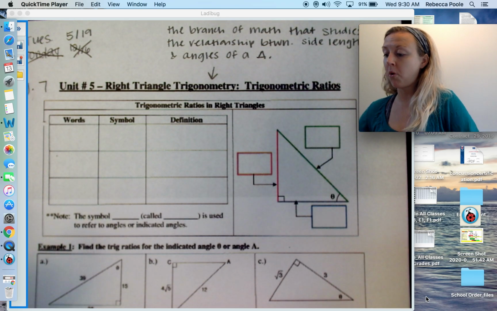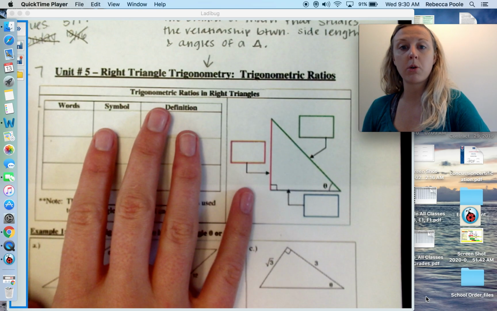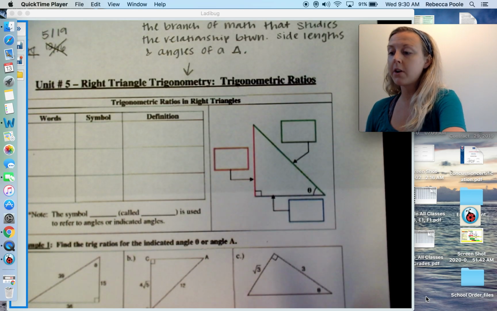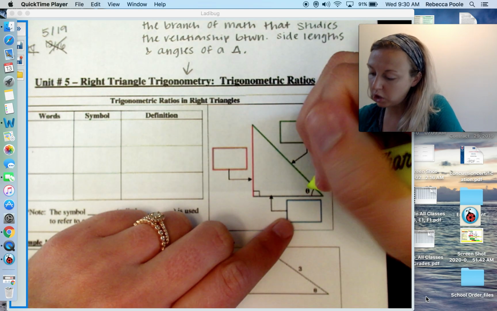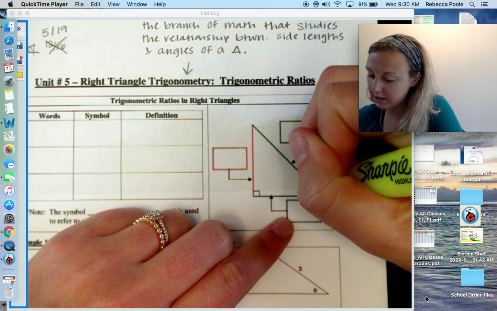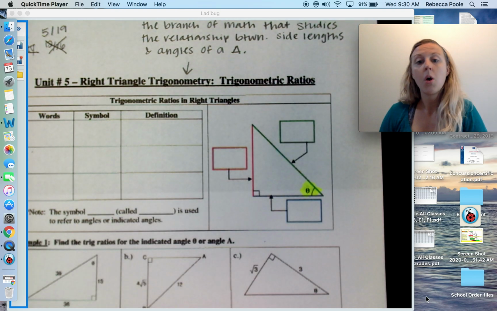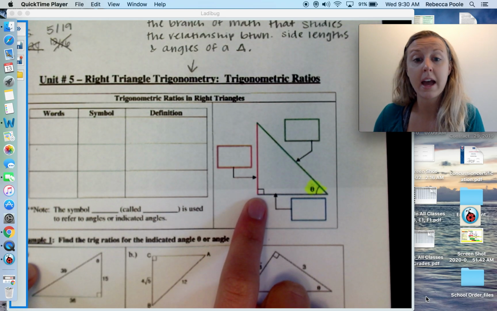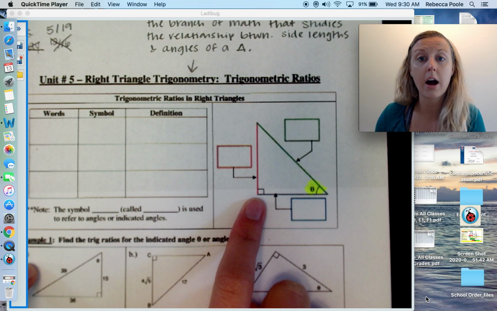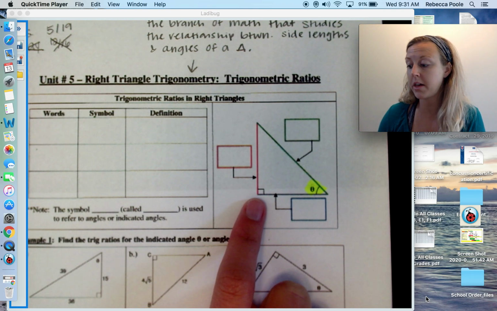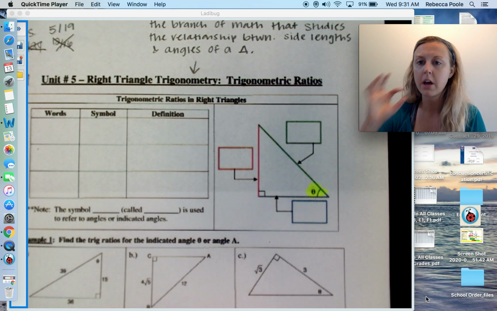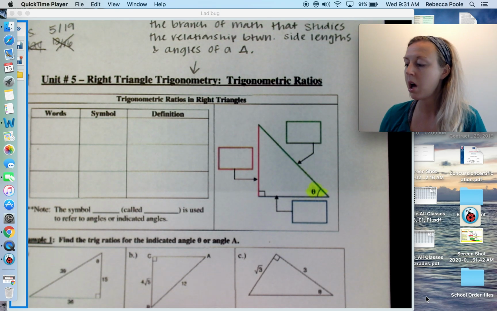So before we get started on our little table that we've made for y'all, over here on the right hand side, I want you guys to look at the angle that they've given us, okay? We don't ever use the right angle for trigonometry. I will post a video that tells you why if you want to get into all of that, because there's cool proofs for it and stuff, but I'm not going to waste your time with that now.